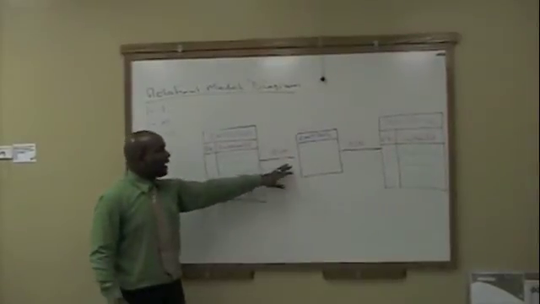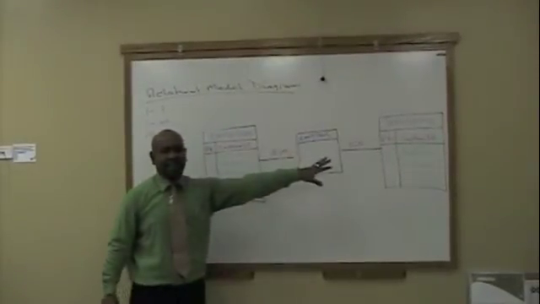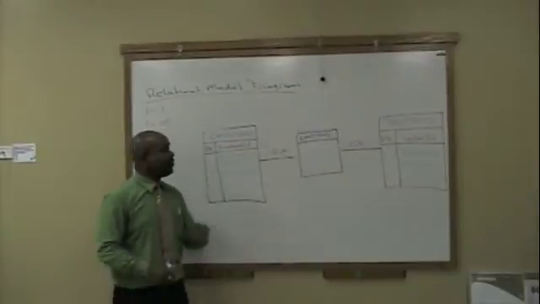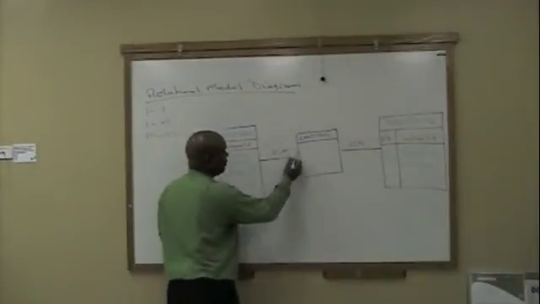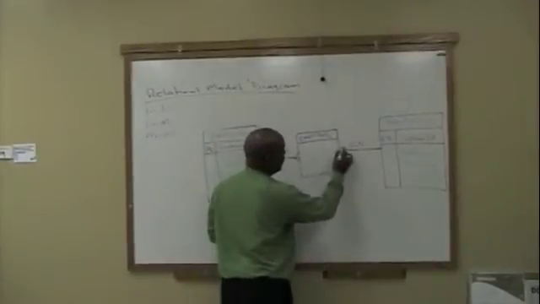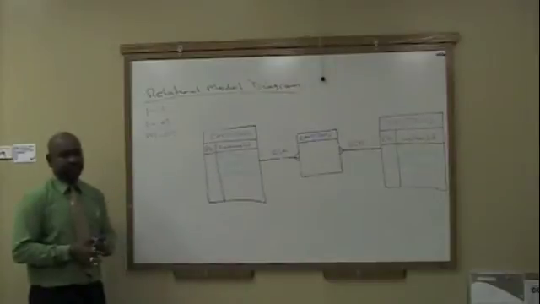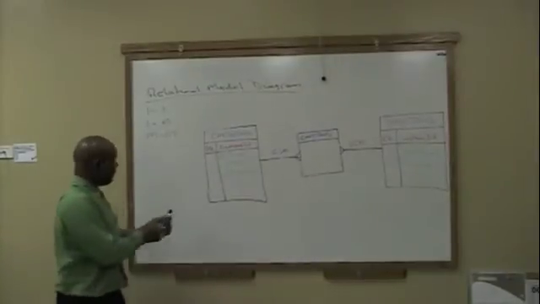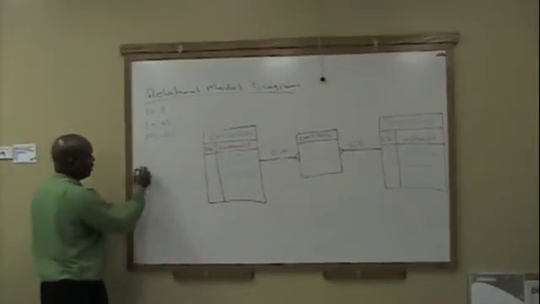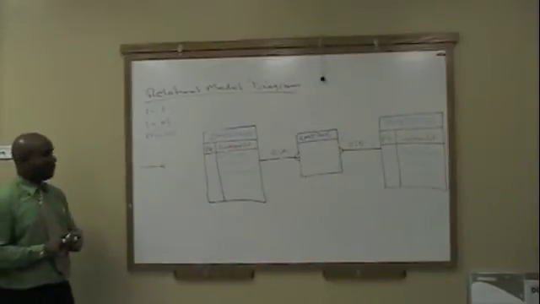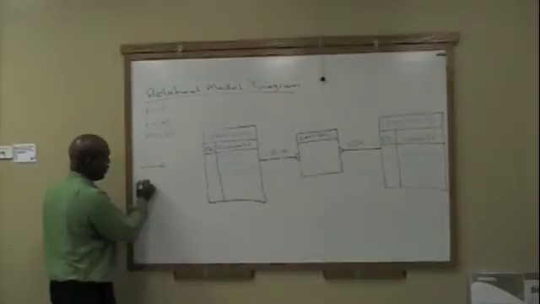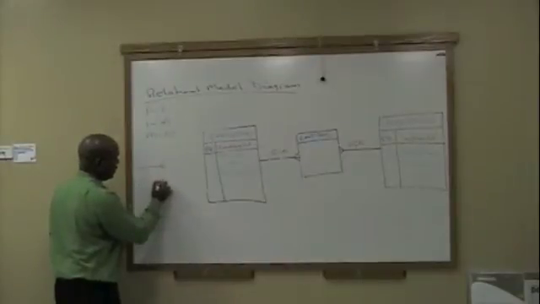Now, what actually happens is, because this is a many-to-many relationship, there is something called the crow's foot, and the crow's foot appears on this end here. The crow's foot looks like this. There are different versions that I represent in the book.